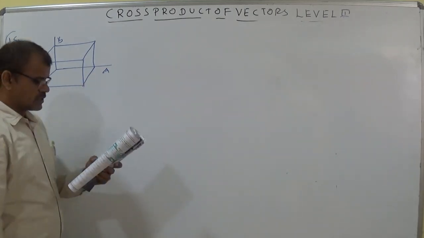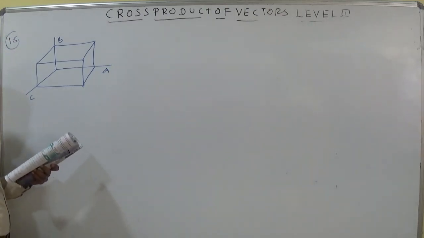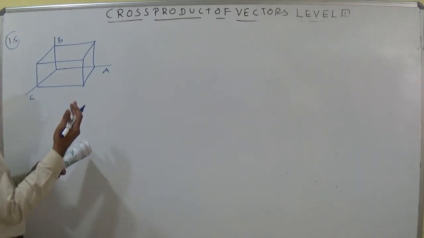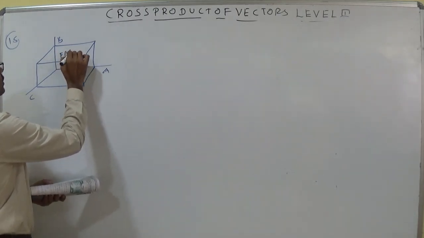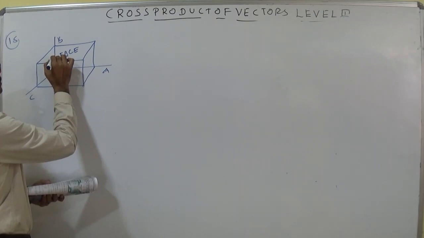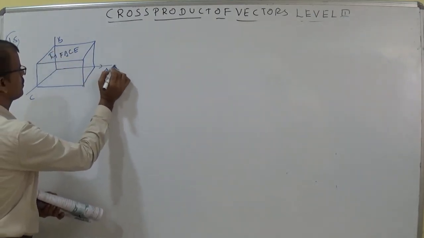Now, discussing A, B, C. The angle between A bar and the plane containing the face determined by B and C. This is the face determined by B. This is B bar. This is A bar.